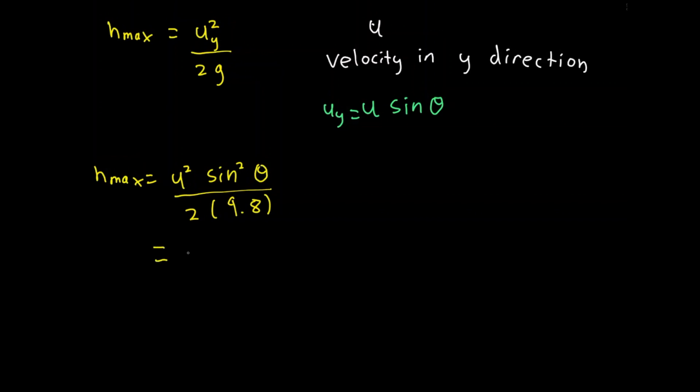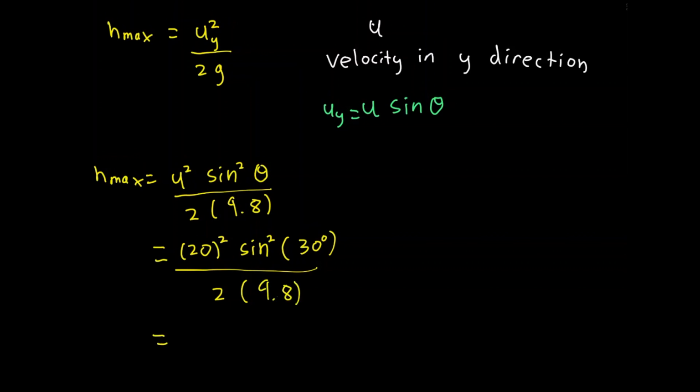So this is equal to 20 squared by sine squared 30 degrees over 2 by 9.8. So now we have that 20 squared is equal to 400, and we also have that sine 30 is equal to a half.